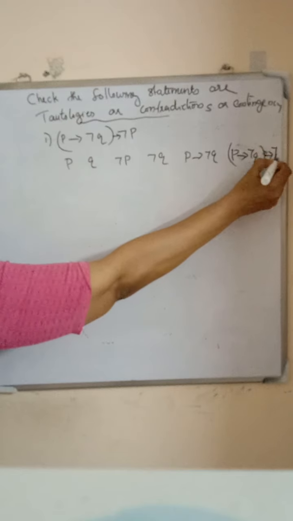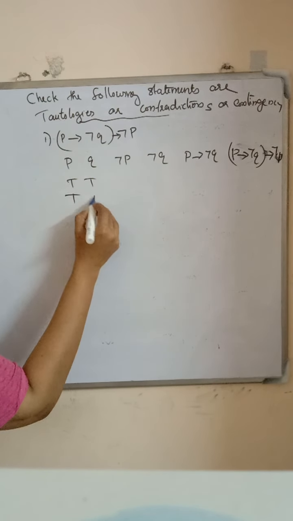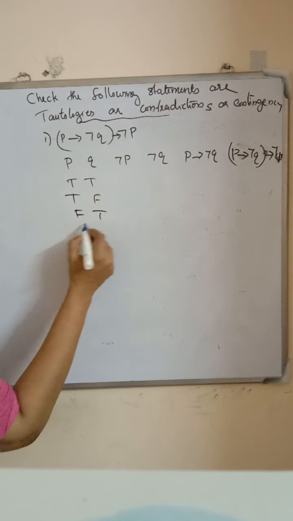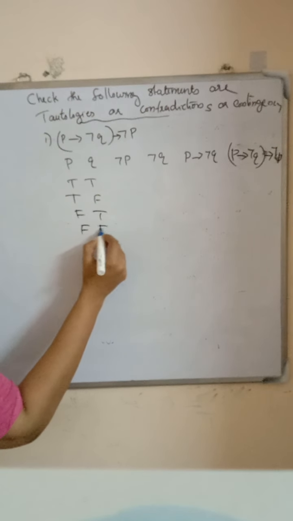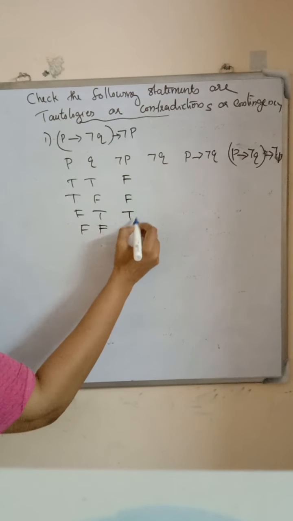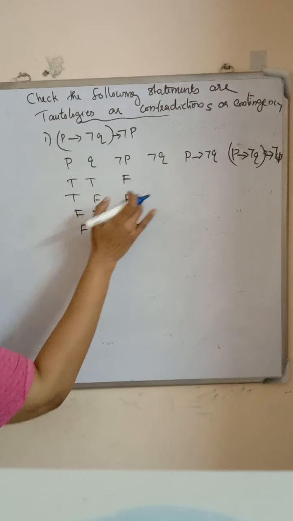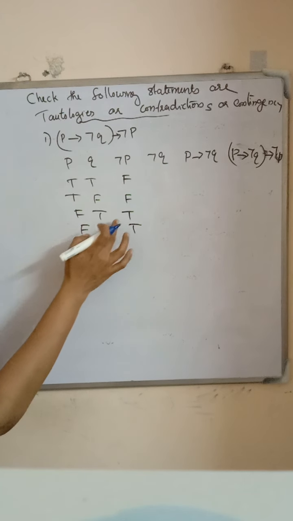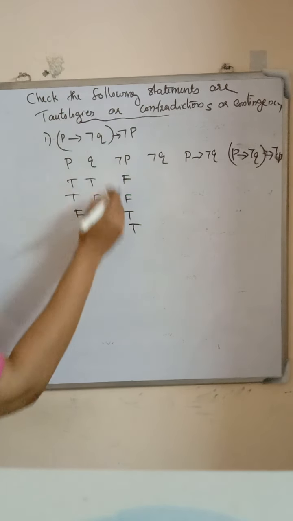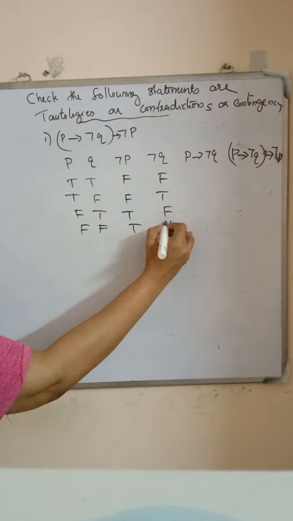Both are true; first one true, second false; false, true; and false, false. What about negation P? Here the first two are false, and in the last two it is true. Similarly negation Q: false, true, false, true.